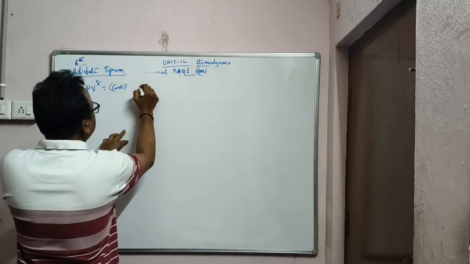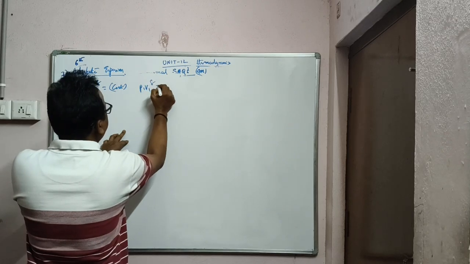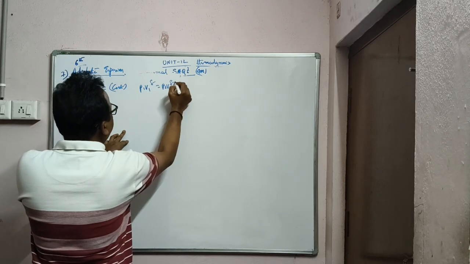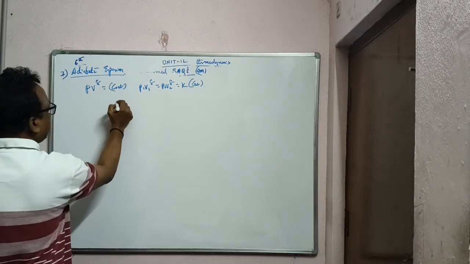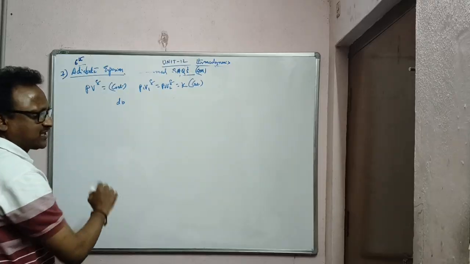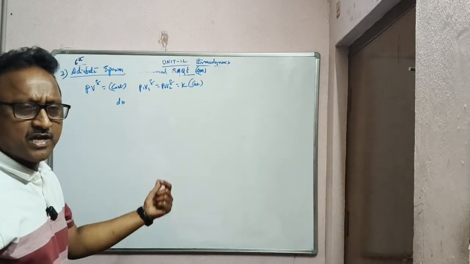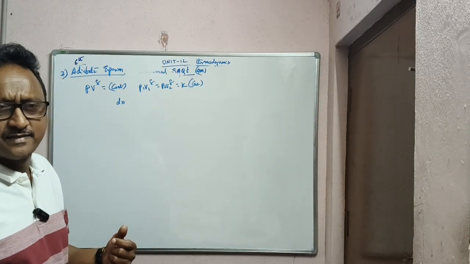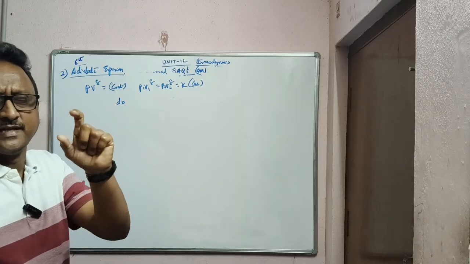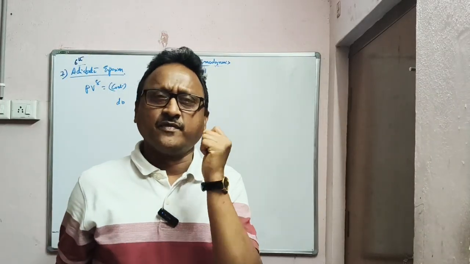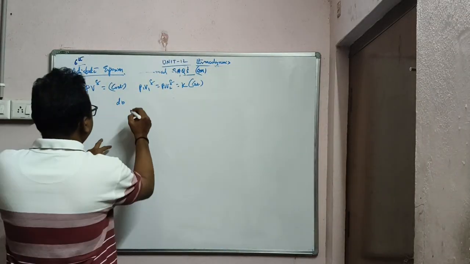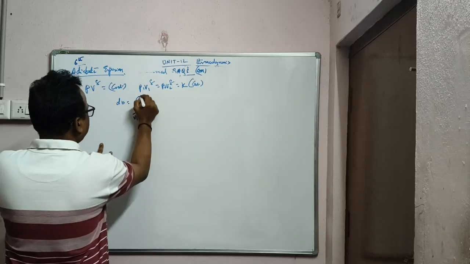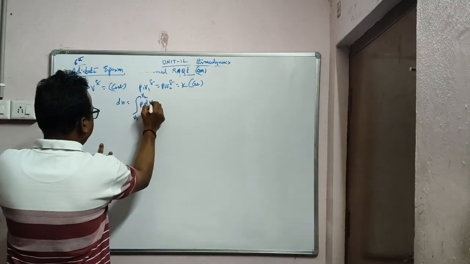That means P1 V1 power gamma is equal to P2 V2 power gamma is equal to constant. Now work done. Make a note, this is a fast process. In the slow process, there is 1 mole of gas with a piston arranged in a cylinder. So W is equal to integral V1 to V2 P dV.